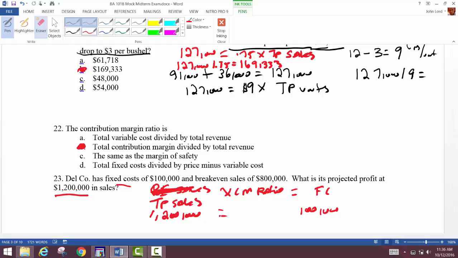So it's going to be my job in this particular question to see if I can come up with the contribution margin ratio. Assuming the computer is going to cooperate with me anytime soon here.